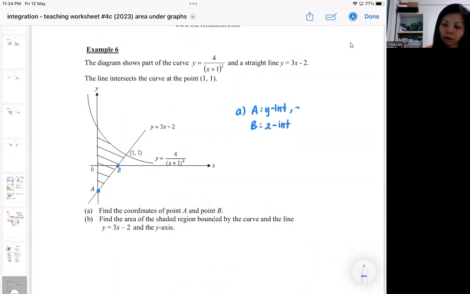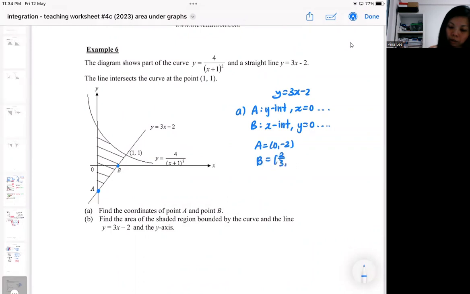So you apply your x-intercept concept and y-intercept concept into the straight line equation, and you should be able to get the 2 coordinates. The 2 coordinates that I got are A (0, -2) and B (2, 3).